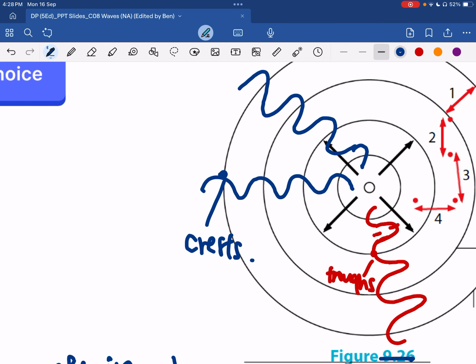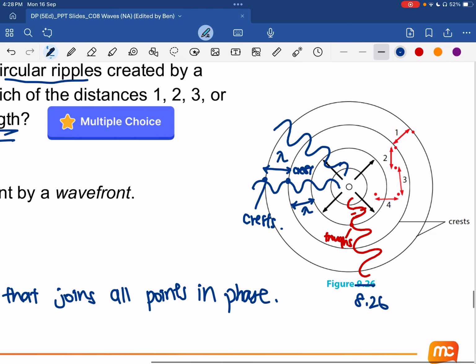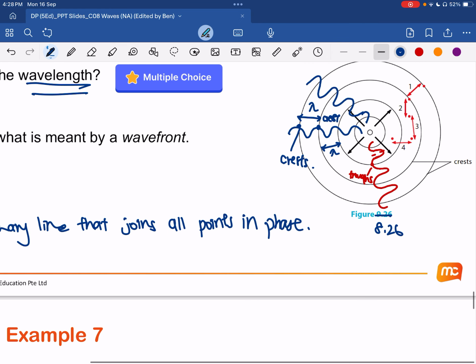So let's say between a crest to a crest, these gaps over here, do you remember, this relates to a certain definition? You should recall that between two successive crests, this will give me the lambda. So between the gaps of the circular wavefront, that gives me the wavelength.